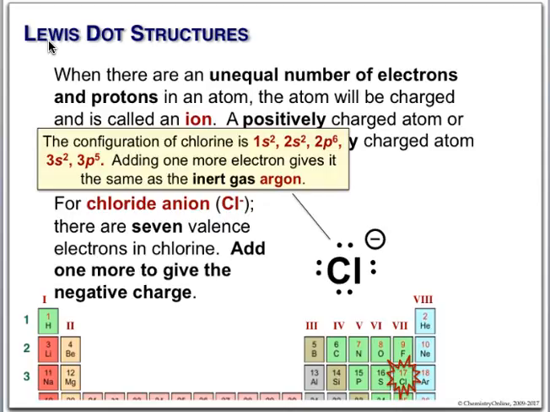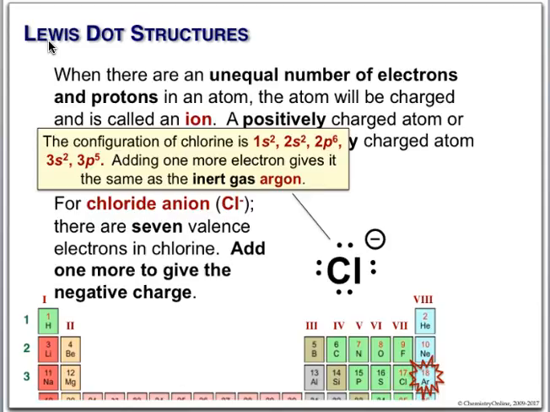Now, think about what we have done here in terms of electron structure. We start off here with chlorine with 7 valence electrons, right? And we make Cl-. That means this now has the same number of electrons as argon does here.